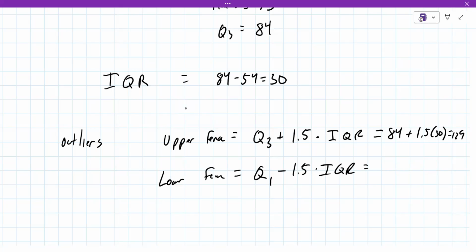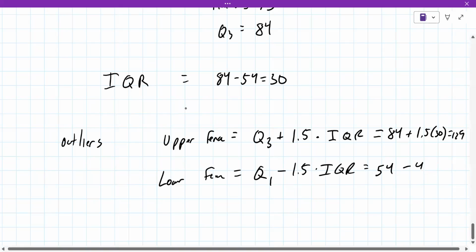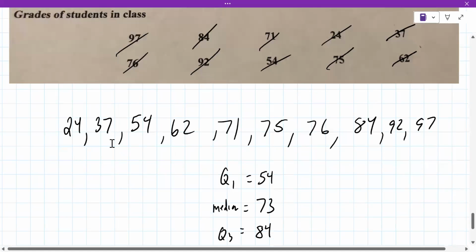Nine. Okay, that sounds right. 54 minus 45, which is 9. So are there any values below 9? When I first said I think it's got an outlier, I was looking at this 24, but it does not appear that it does. So this one actually has no outliers.